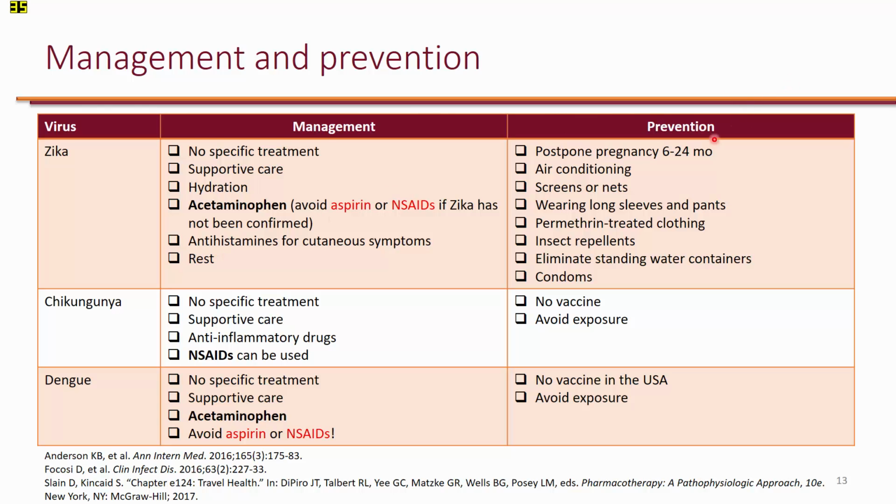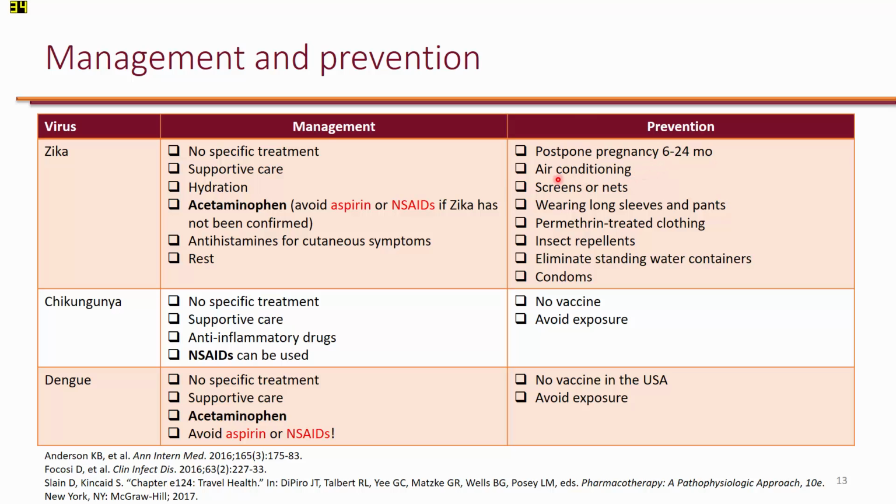As far as prevention, it is important to postpone pregnancy by at least 6 months. It's actually suggested to delay by 2 years, which can be difficult, but definitely at least 6 months. And it goes back to what I mentioned about the virus lasting in the semen for probably more than 2 months. So it would be safe to postpone pregnancy by at least 6 months after exposure or potential exposure.